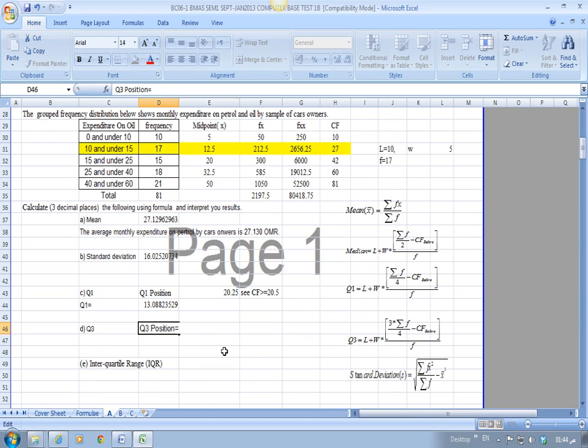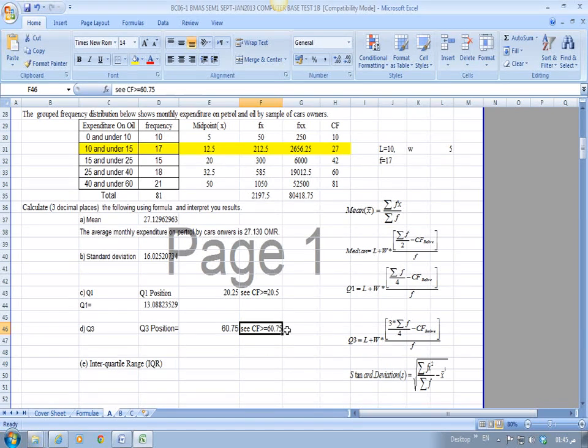For the third quartile, we write the Q3 position also the same way. According to the formula, the Q3 position is equal to 3 multiplied by sigma F divided by 4. So we have this, then we look for CF greater than or equal to 60.75.